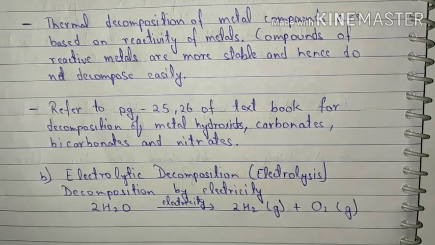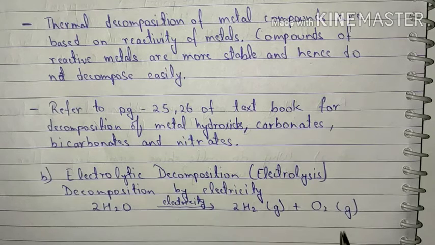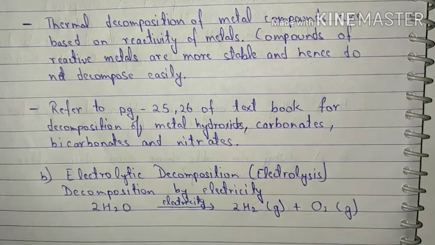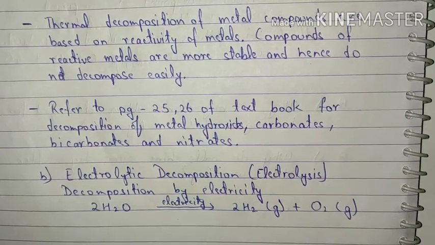Let's move on to the next type of decomposition reaction, which is electrolytic decomposition reaction, also known as electrolysis. The decomposition reaction which is brought about with the help of electricity is known as electrolytic decomposition reaction.